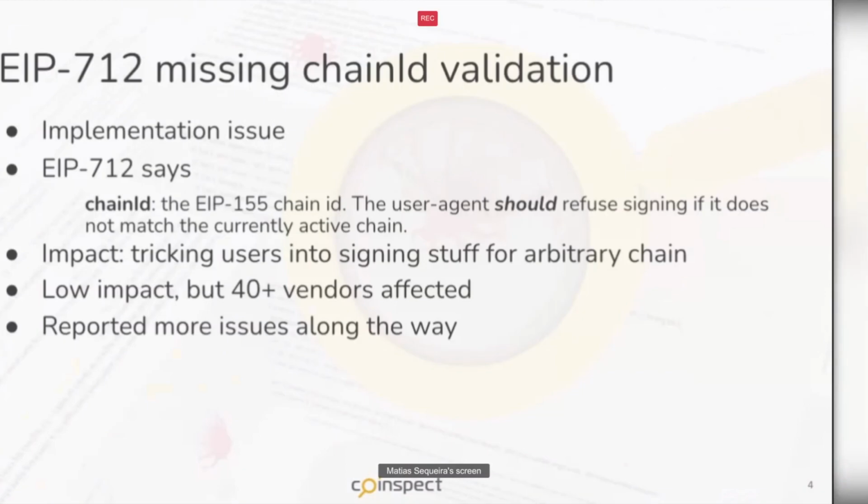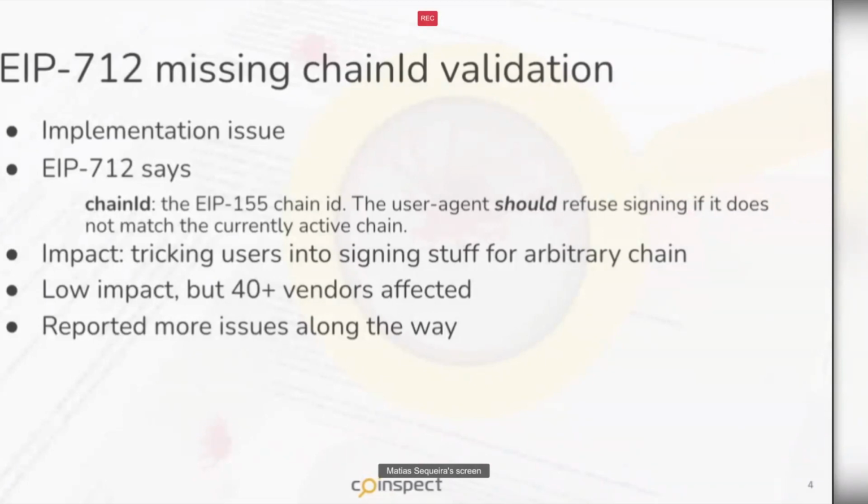So, what's the EIP712 issue about? I don't know if you were able to read about the issue. The problem itself was not as impactful as we are used to. Actually, this is a lower medium security issue.